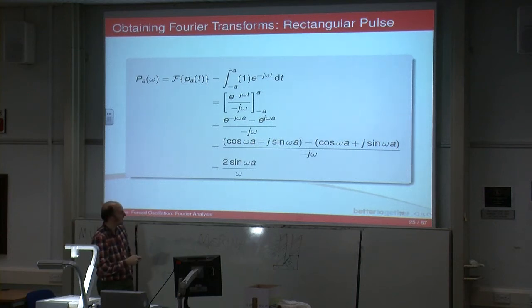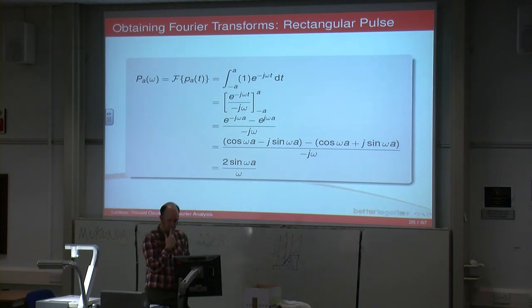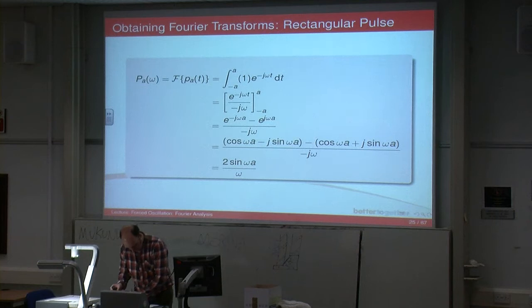We've got a minus j sine omega A, minus a j sine omega A, so we've got minus 2 j sine omega A. We've got a j on the bottom and a j on the top, and they cancel out. We get a real function, 2 sine omega A divided by omega. Note that in this case, the Fourier transform is real.